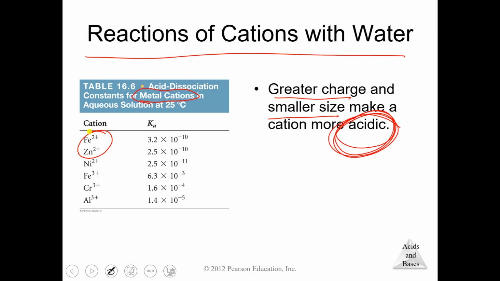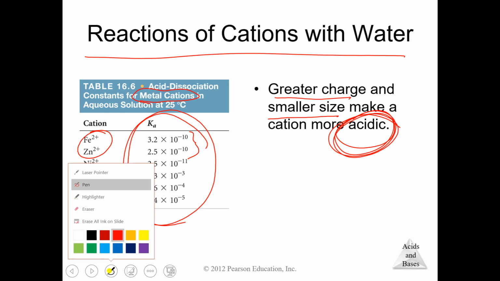So there's a couple of things at play here. Your best bet is just to focus on the numbers. These are very similar Kas because the reality is their size and charge are very, very similar.